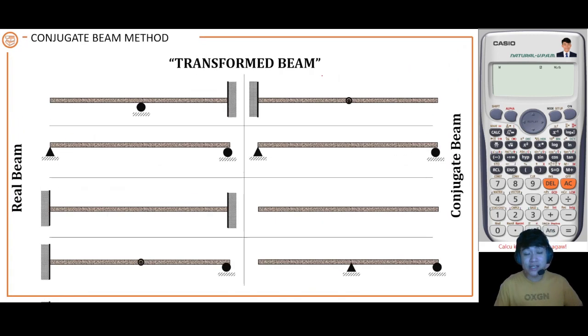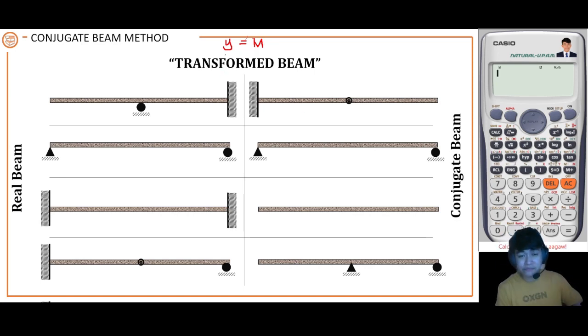So, balikan natin yung mga sample. Let's go back to our sample beams and try to understand the concept of the conjugate beam method. Again, the deflection of your real beam, delta or y, is equal to the moment of your conjugate beam.